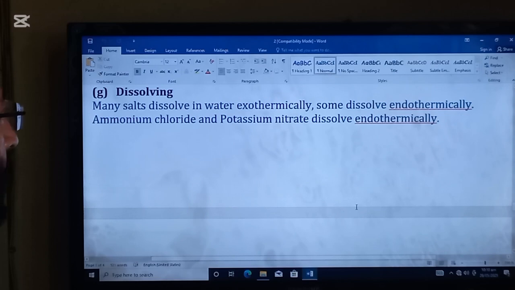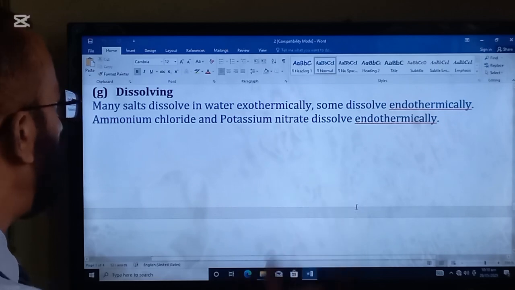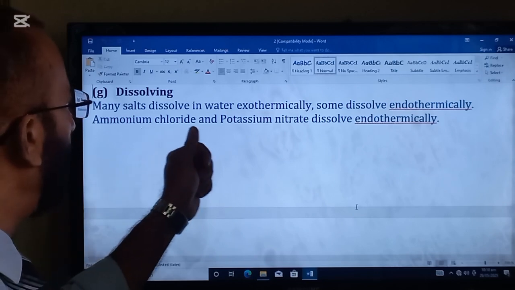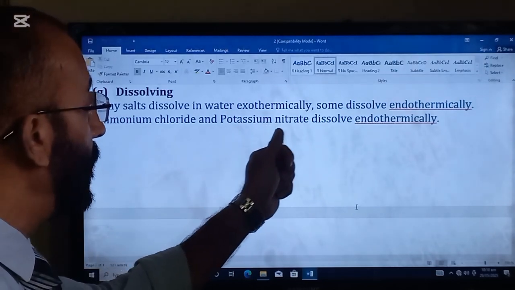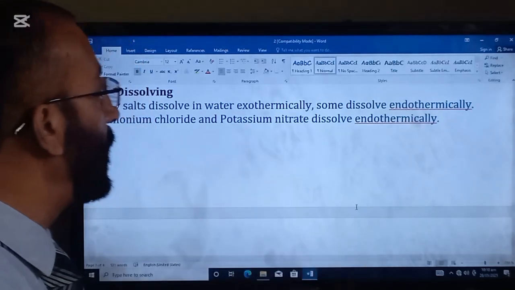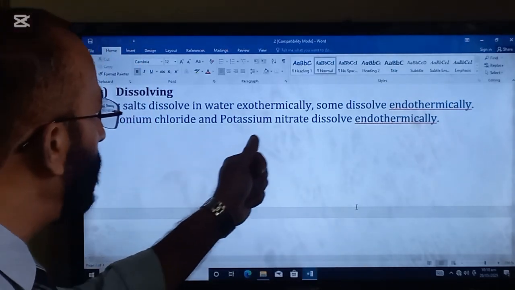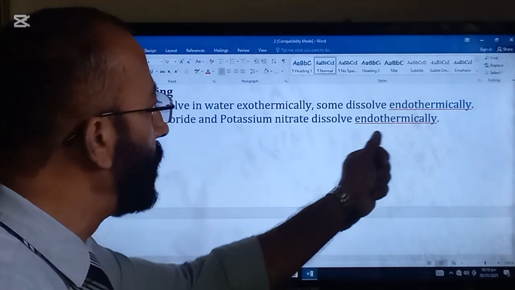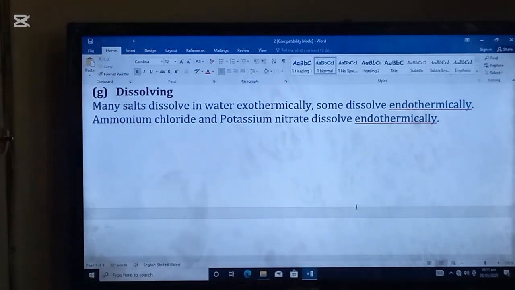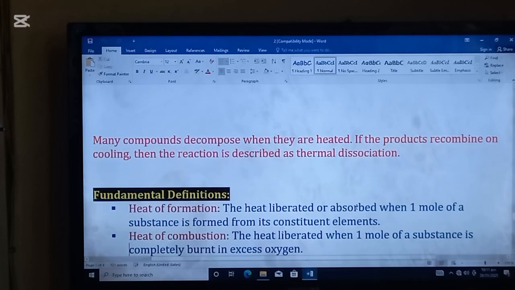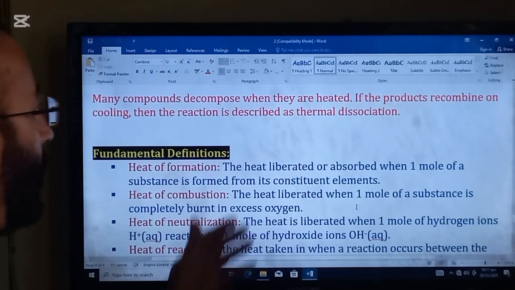Next example in the topic of endothermic reactions is dissolving. Many salts dissolve in water exothermically, some dissolve endothermically. Ammonium chloride and potassium nitrate dissolve endothermically. Many compounds decompose when they are heated.